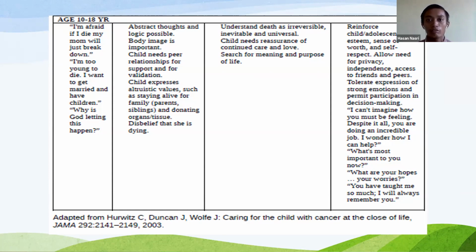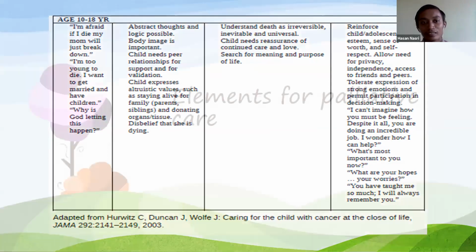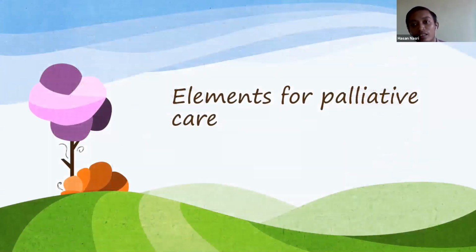We do not deny the children's feelings, so that their self-esteem is preserved. We say, I can't imagine how you are feeling, but you are doing an incredible job. I wonder how I can help, things like that. Okay, that's how we approach the child to explain about that.